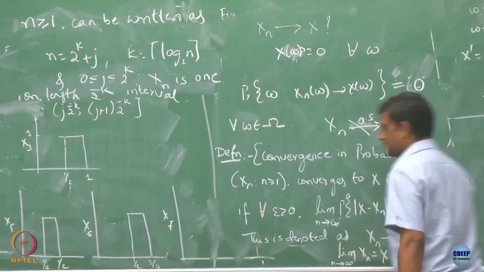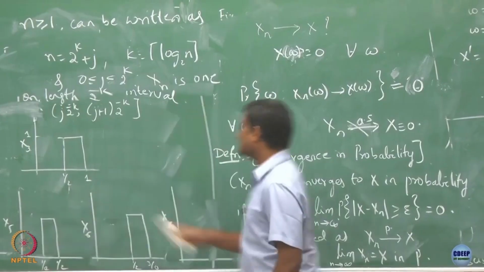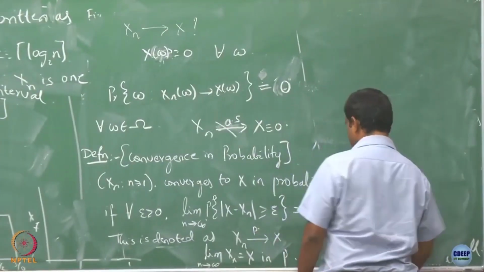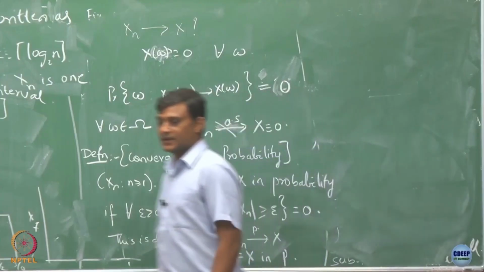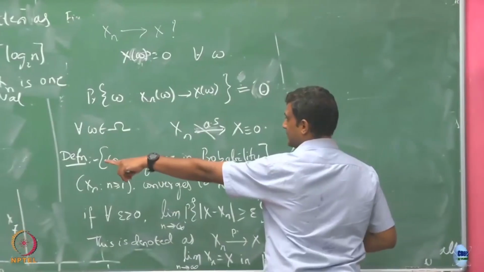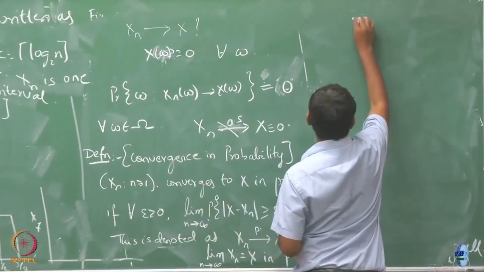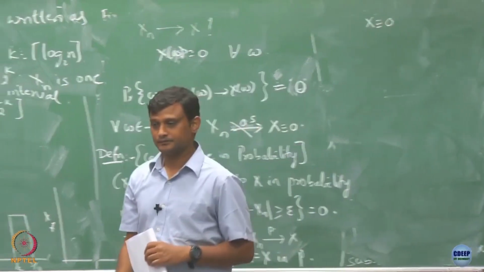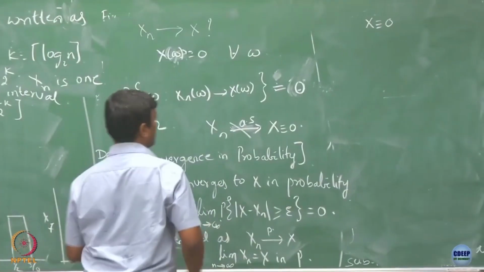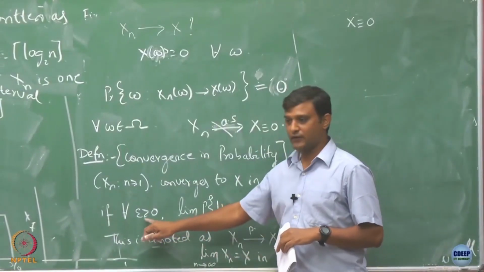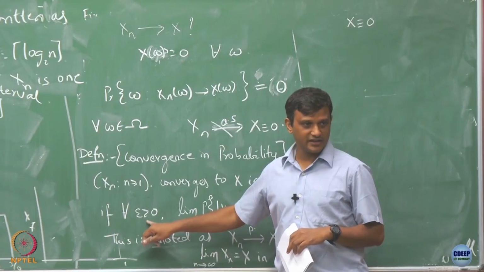So now let us see whether this example we had here satisfies this definition. Let us again take the same example, and let us take X to be 0. To verify this, I need to verify it for any epsilon greater than 0, right.